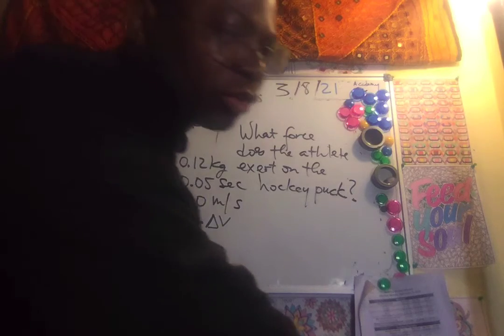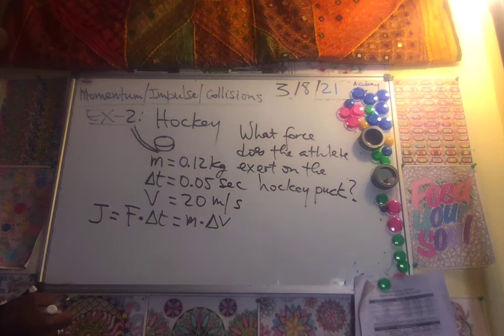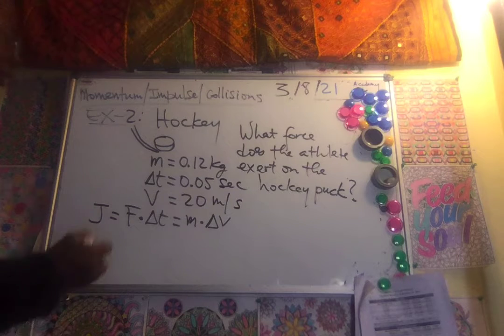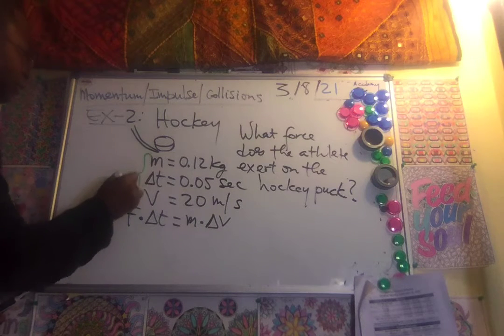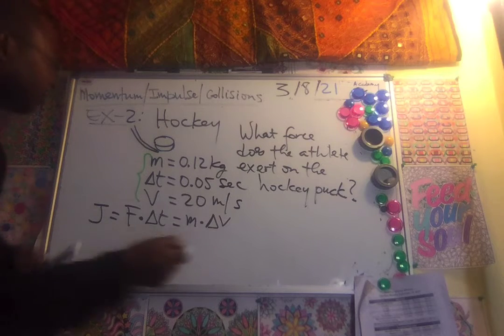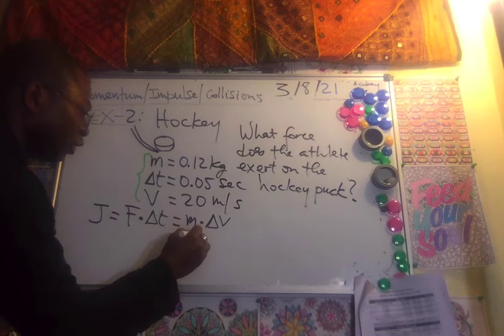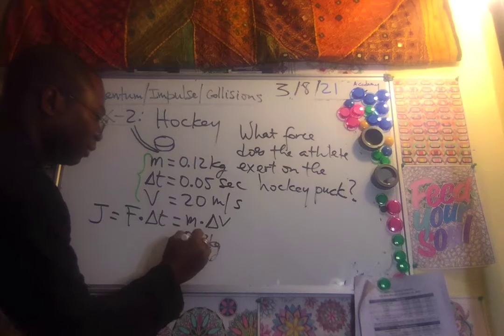We don't know the force, so we're going to plug in everything we know. We know 3 things. We know the mass is 0.12, so let's substitute the mass, 0.12 kilograms.